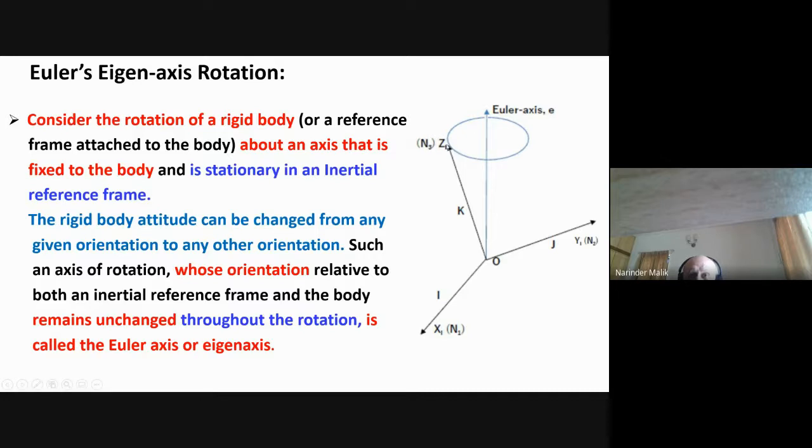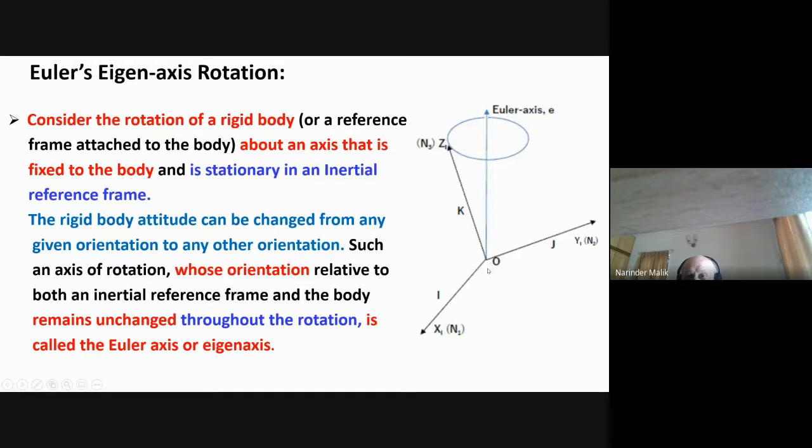Now I can rotate about this axis, so the body will come like this. If I rotate by theta about this z-axis, the z-axis of the body will make an angle like this. If I make a complete rotation by, say, angle phi, then this z-axis will come here.